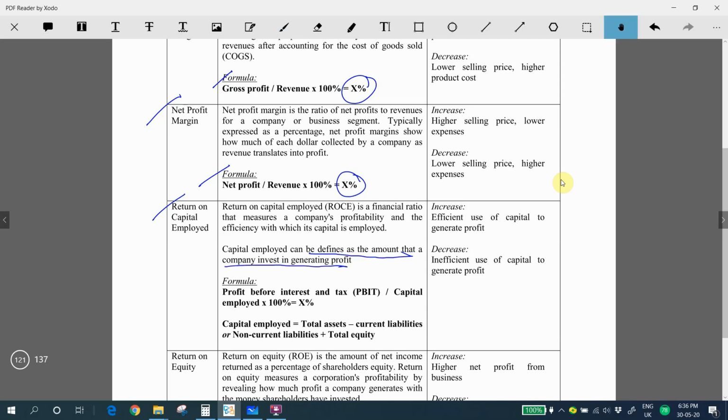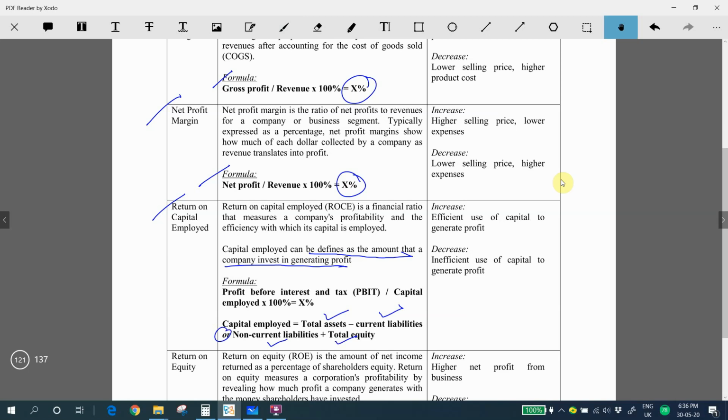So we have to take a look at how to get the capital employed for the company. You have 2 methods to get the capital employed. First, you use total assets minus current liabilities, or you use non-current liabilities plus total equity. Both formulas will give you the same answer for the capital employed.